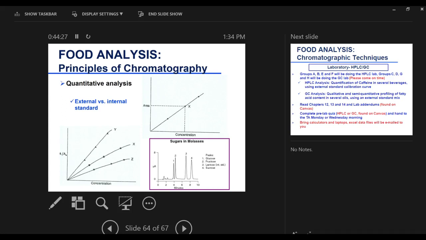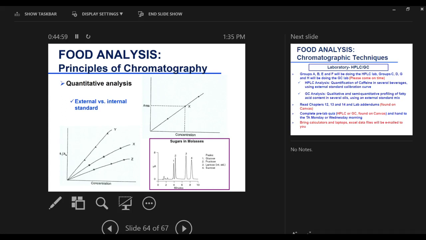You would plot the different concentrations, like some of you already did in the HPLC, against the area, and you get the regression equation, the equation of the line, which gives you the relationship between y and x. So when you have an area for your unknown, you can plug it into your equation and calculate the concentration, which is x. Pretty simple. In order to get the concentration in your unknown, you need to plot external standards.